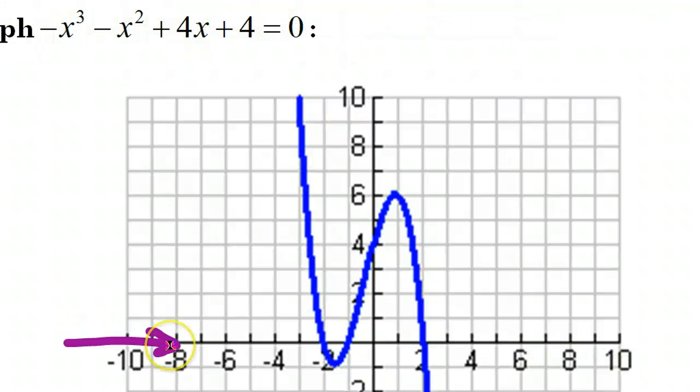When you're talking about increasing and decreasing, you need to look at the graph from left to right. Now, as I travel from left to right along this path, for this part of the path, I would be falling. So this will give me my first decreasing interval.